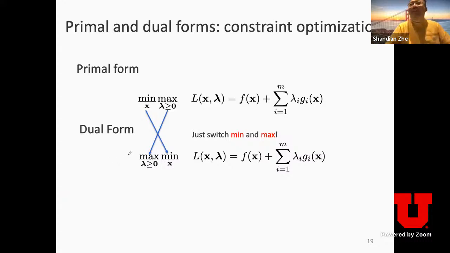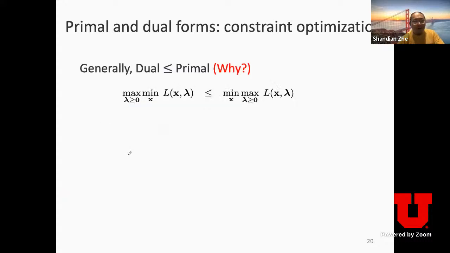Just give me a guess. It would. Why would it affect? Yeah, your intuition is exactly right. If it didn't affect, why would I ask this question? So in general, when you switch the order of max and min, it will affect the solution for sure.